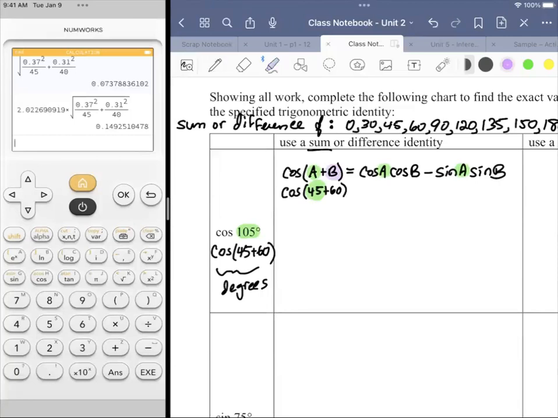And I'm going to let B take on the value of 60, so everywhere I have a B, I replace it with a 60. So this is going to be cosine 45, cosine 60, minus sine of 45, sine of 60.